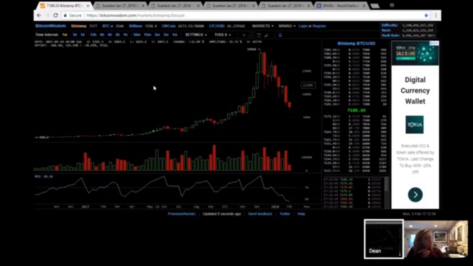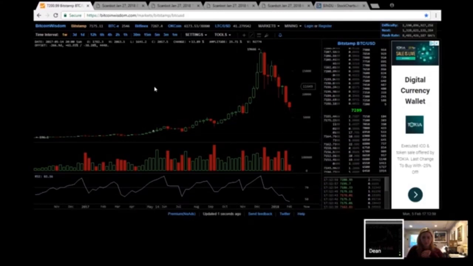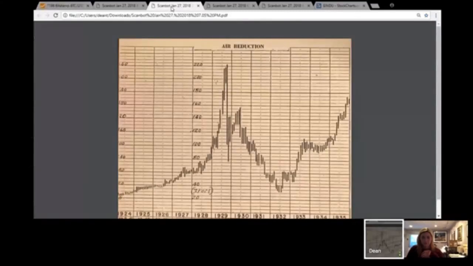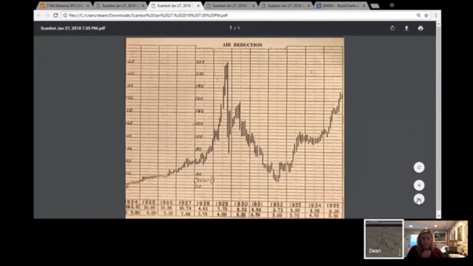Let's look at a couple of new examples away from the Bitcoin cryptocurrency world. And let's take a look at this company called Air Reduction. This chart is back in 1924 through 1935. And notice the angles as the price moves up in 24, 1925, 1926.